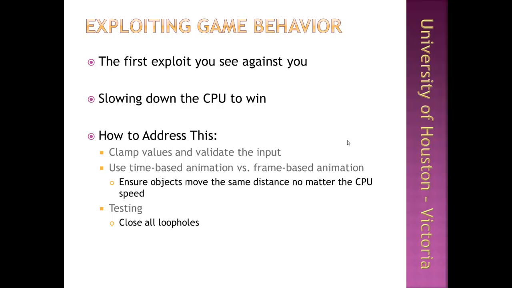But one specific way to prevent the slow down trick is to use time-based animation versus frame-based animation. This will ensure that the objects on the screen move the same distance no matter the CPU speed. The ultimate fix for this is testing. Make sure your game doesn't have easily exploitable loopholes.